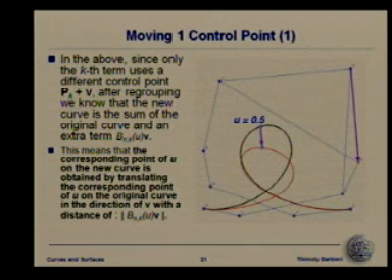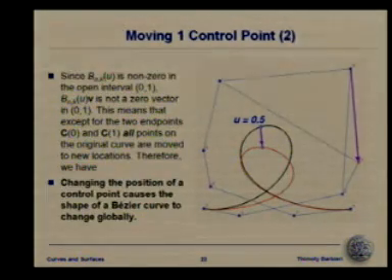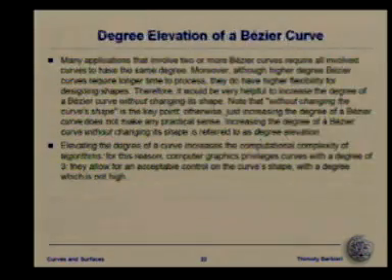But why is that? Because this specific Bezier curve has a very high degree. And the higher the degree, the less intuitive is the general effect I have on the curve.